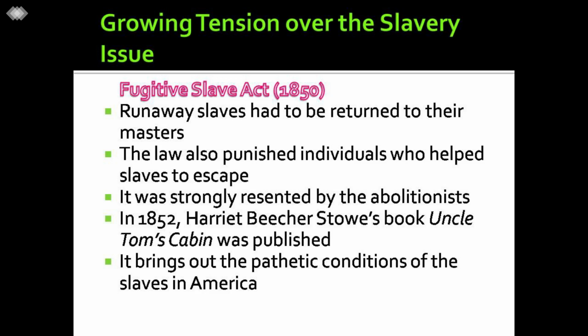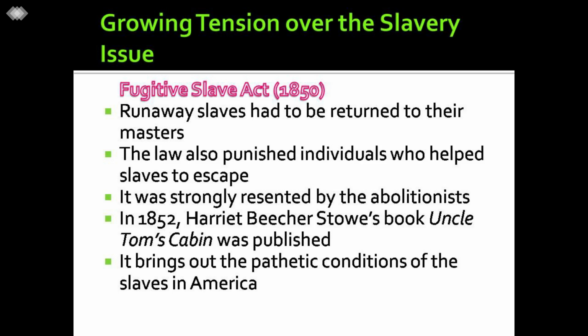Fugitive Slave Act 1850. According to the Fugitive Slave Act 1850, runaway slaves had to be returned to their masters. The law also punished individuals who helped slaves to escape. The Fugitive Slave Act 1850 was strongly resented by the abolitionists.